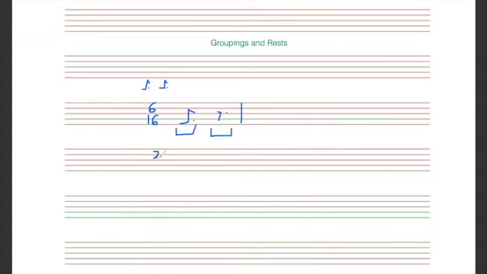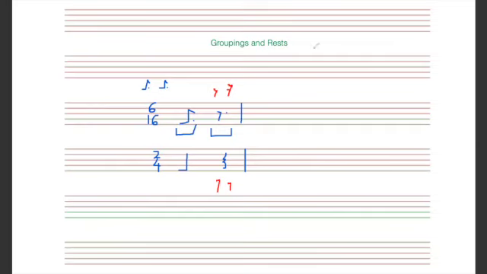Just like in 2/4, if you have a crotchet and a rest, you will put a crotchet rest here. Somehow, when it gets a little bit trickier, some students think that this is okay as well. It's not okay. Just like you wouldn't divide this randomly into 2 quaver rests. So no matter what time signature we're in, the rules all apply.